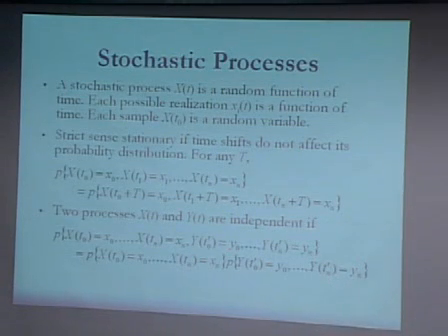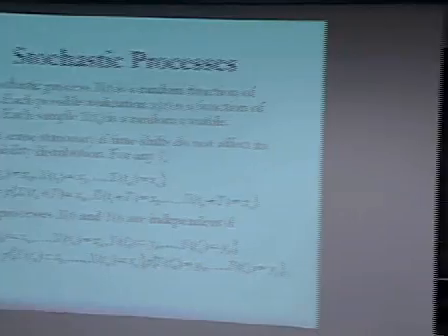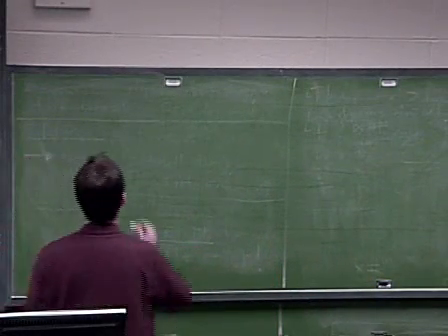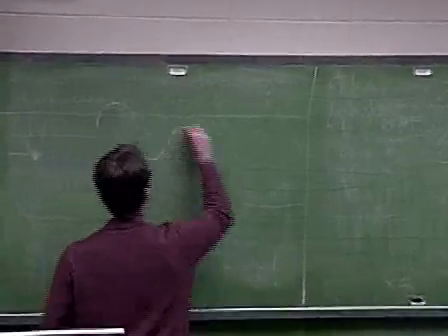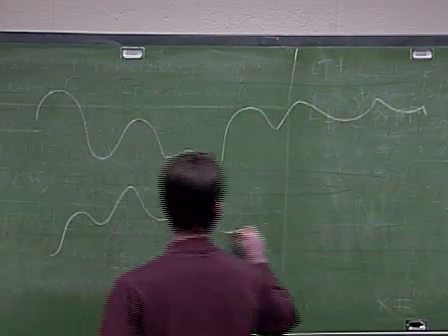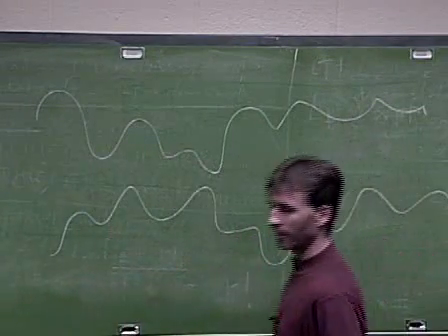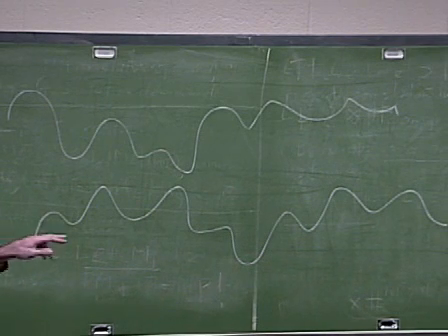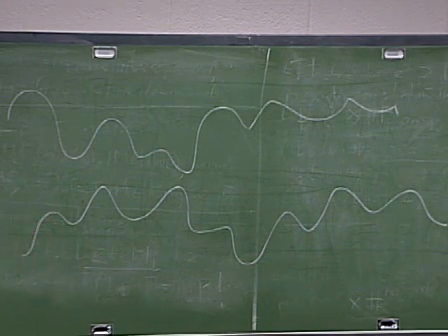So let's try to use a picture. Okay, so this could be two possible realizations of a random process. So one of the two is going to take place. We don't know which one.